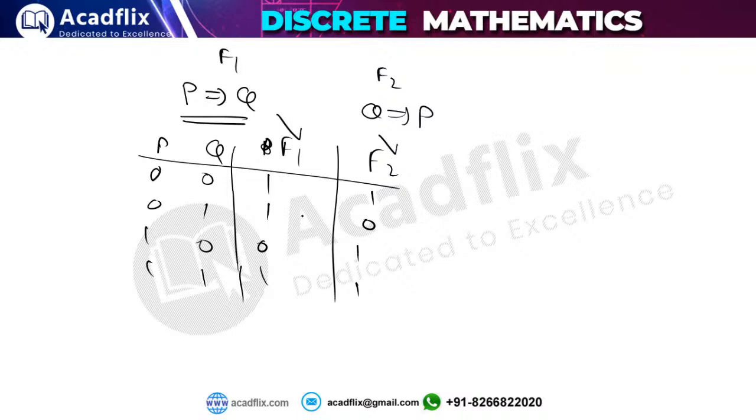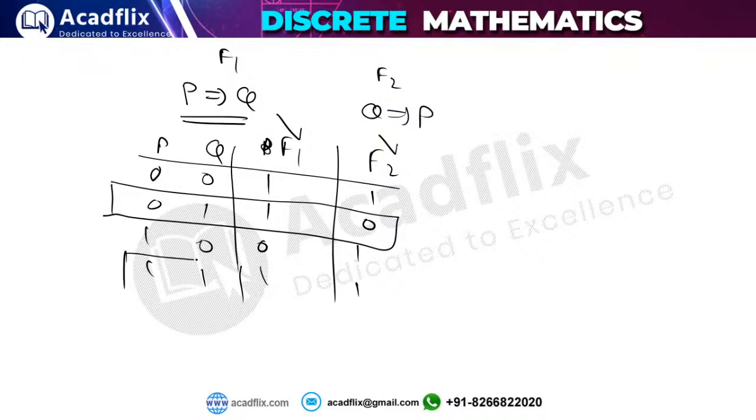Remember, formula F1 is not equivalent to formula F2. Why? Because in at least one situation they have different truth value. If you see this situation, when P is false and Q is true, F1 and F2 have different truth value. That is why we are saying that F1 and F2 are not equivalent, because in at least one situation they must have different truth value. But in this situation they have the same truth value.